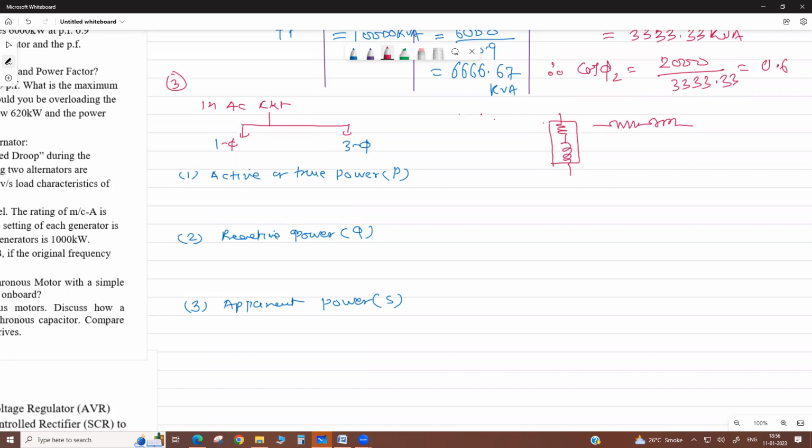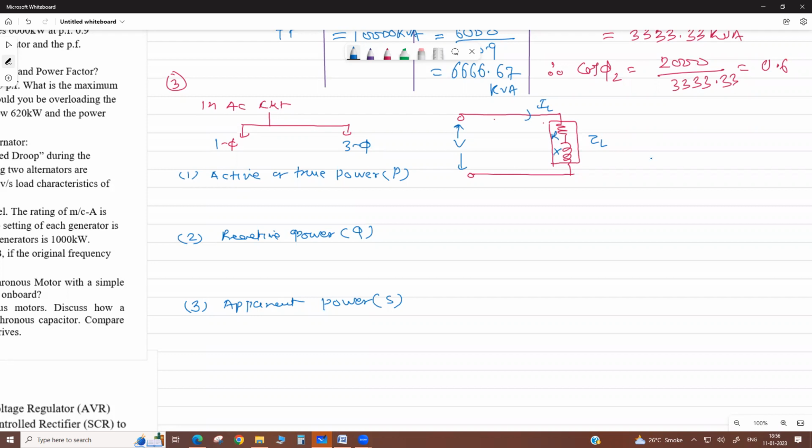When you apply the voltage, this load impedance takes a load current. Here is the applied voltage V. Correct. This is R. This is X.